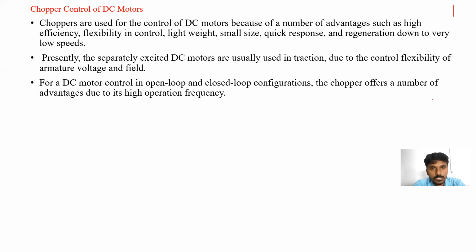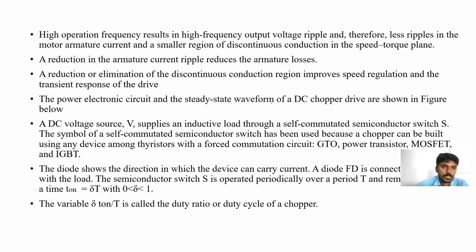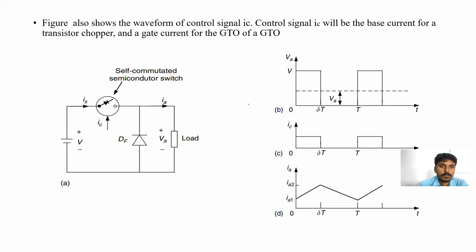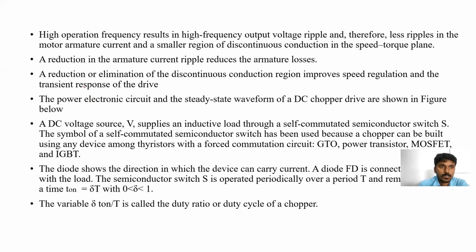For DC motor control, in open loop and closed loop configurations, the chopper offers a number of advantages due to its high operating frequency. High operating frequency results in high frequency output voltage ripple, and therefore less ripple in the motor armature current and smaller regions of discontinuous conduction in the speed-torque plane.